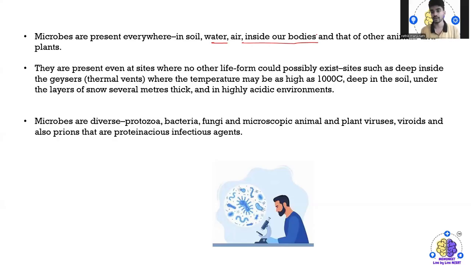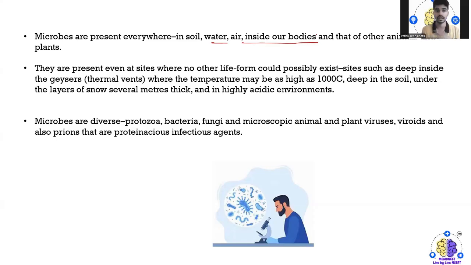Say, in gut microbiology, some of the organisms present inside our intestine help in digestion, help in the absorption of food, and also sometimes protect our gut from other pathogenic organisms.